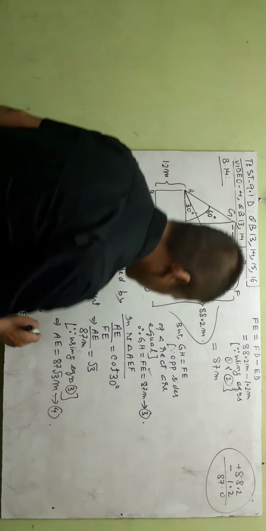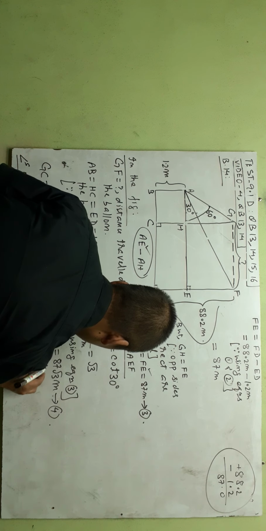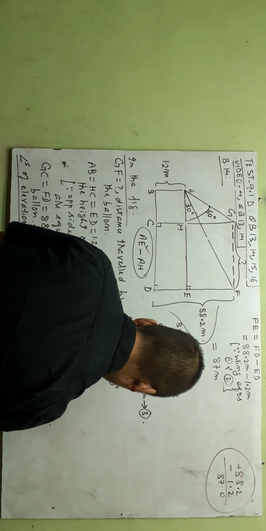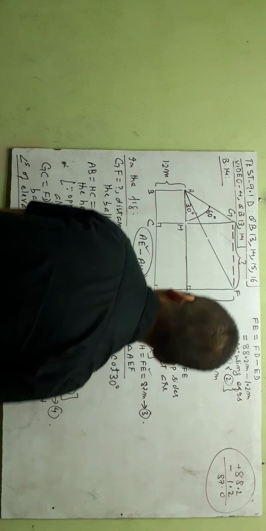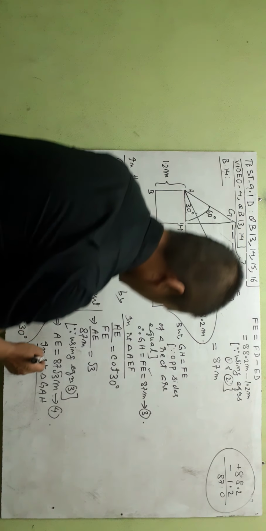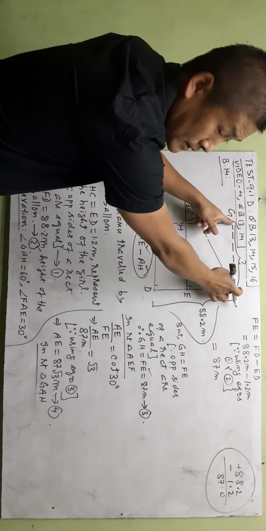So let us take the other right triangle. Here, in the right triangle GAH or AHG, whatever, you want to find AH. Just as you see here, AE minus AH will give you HE, which is the distance traveled by the balloon.